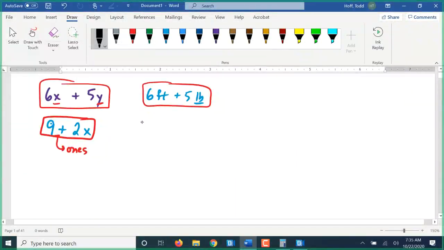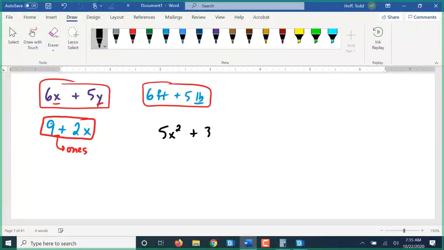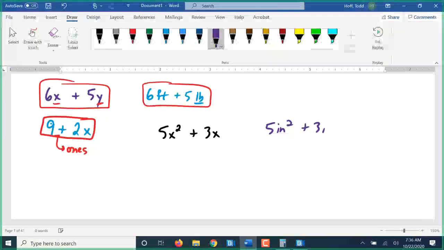Well, what if we had 5x squared plus 3x? Well, it's still different names. It falls under the same category of having 5 square inches plus 3 inches. A square inch and an inch are very different units. An inch is a unit of length.